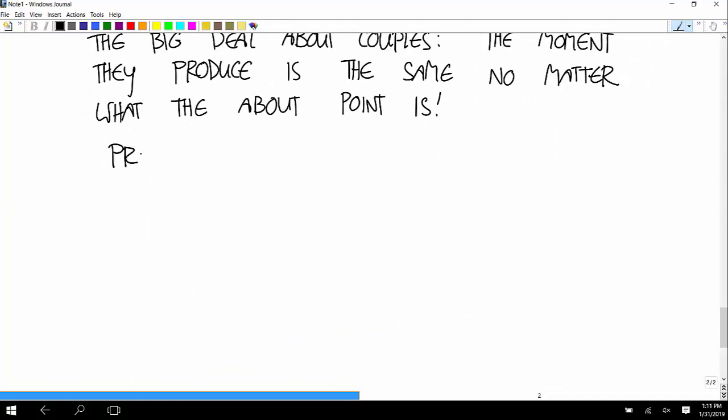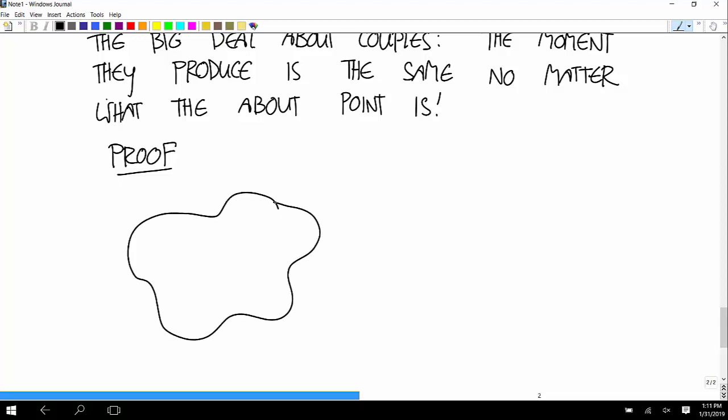Okay, so I'm going to give a little proof of this. It's short. Let's say we have a body here, and I'm going to call that point P1, and this point P2. We're going to apply equal and opposite forces.